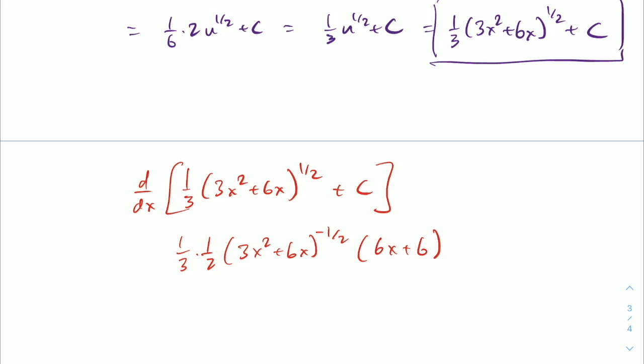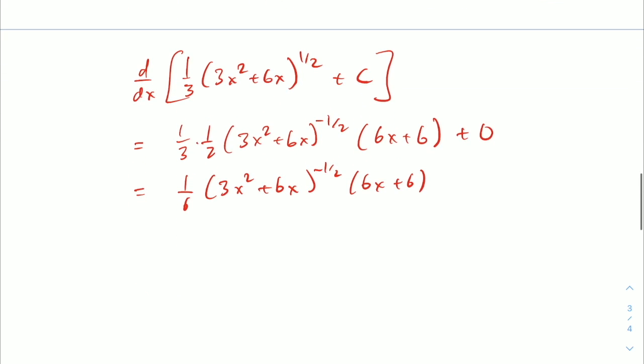The plus c becomes 0. And then simplifying, we get 1/6 times 3x squared plus 6x to the negative 1/2, all times 6x plus 6. The 1/6 hits the 6x plus 6, and we're left with just x plus 1.